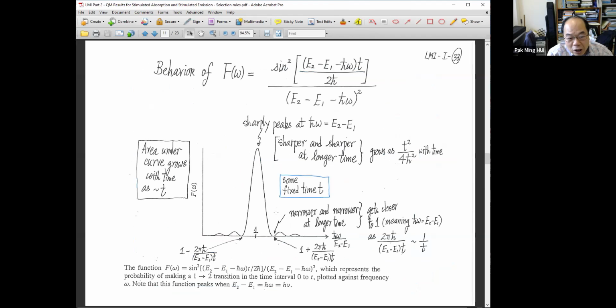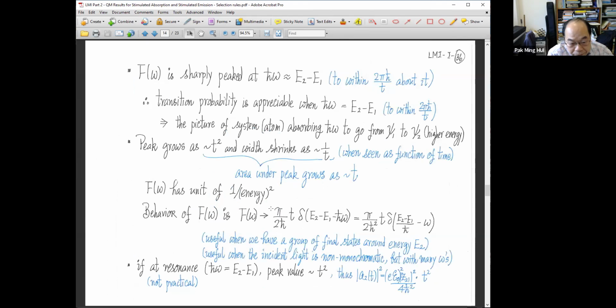By drawing the picture, I hope I convinced you that for a delta function, when you integrate, it is the area under the delta function. And now we know that it has to go with t, so there's a t in front, and it is a delta function. So we will be using this a bit later.